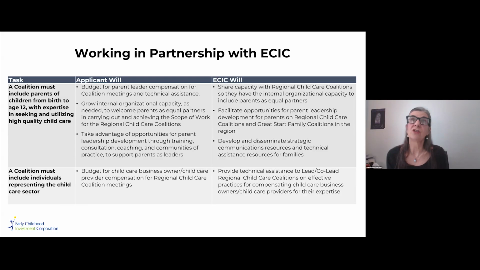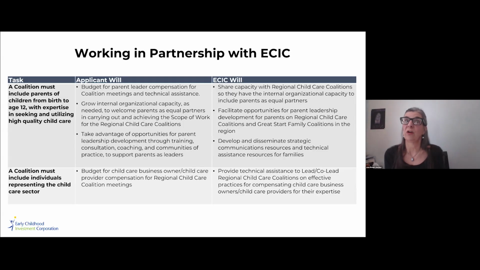So all regional coalition budgets should include funding to support the attendance and participation of childcare business owners and providers in the regional coalition work. These folks are stepping away from their businesses or their work to come to the meeting and provide expertise.